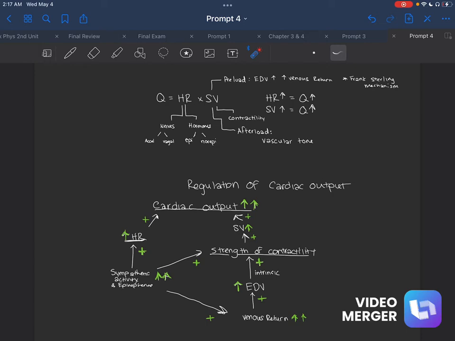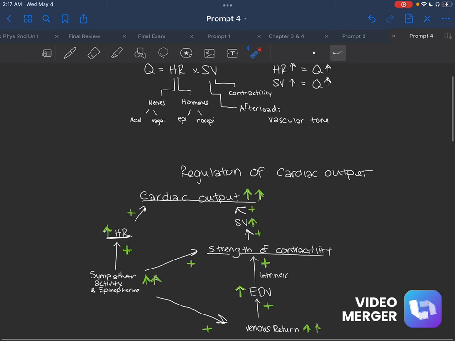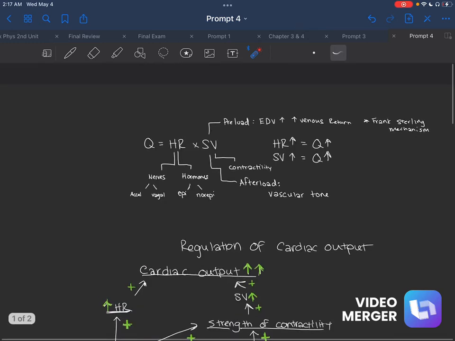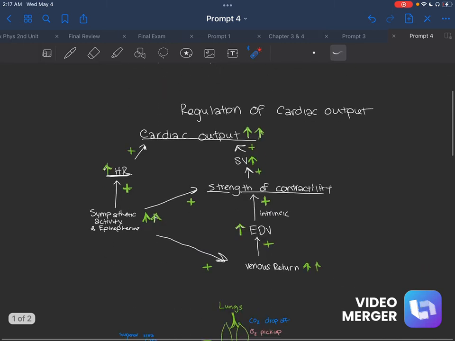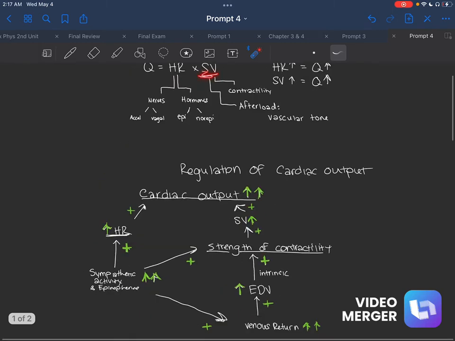So with that, you're going to see in exercise an increase in heart rate, and this is due to the sympathetic system. The sympathetic system is going to release epinephrine, which increases heart rate. So we'll see that exercise affects the variable of heart rate, and we'll also see how it affects stroke volume.